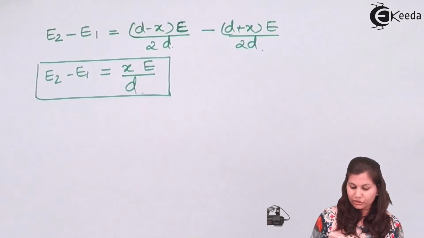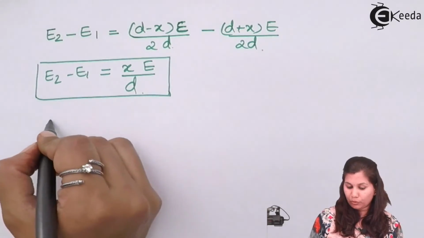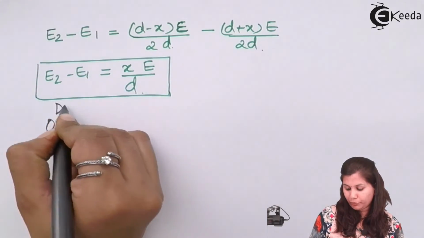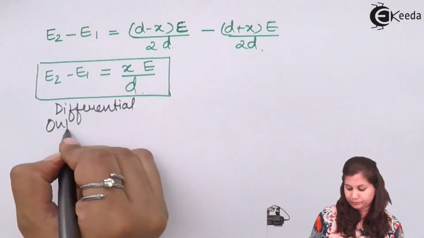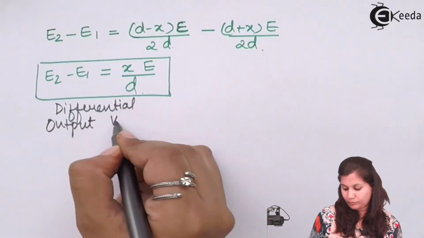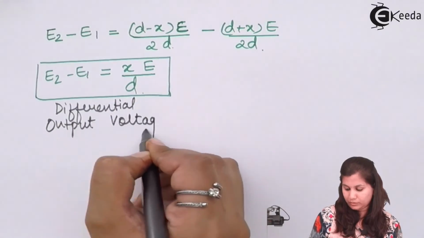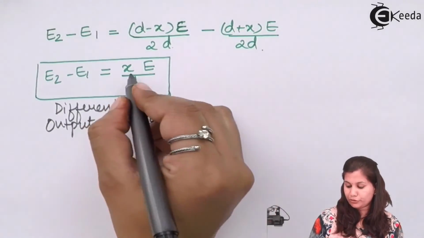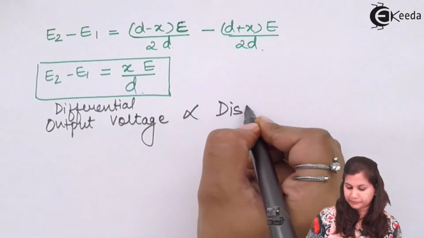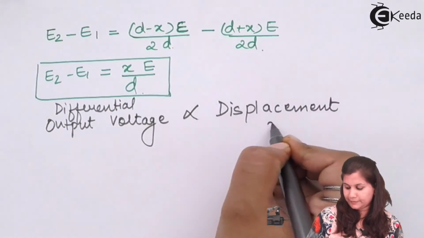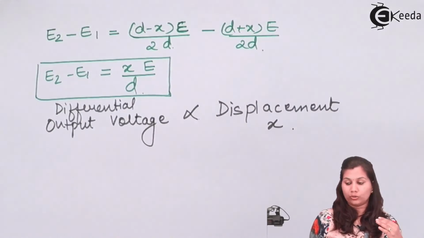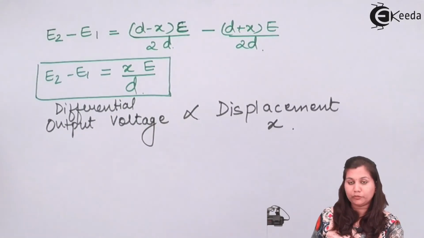From this equation, you can see that the differential output voltage is directly proportional to the displacement x. So we can say that output voltage and displacement are linearly related.